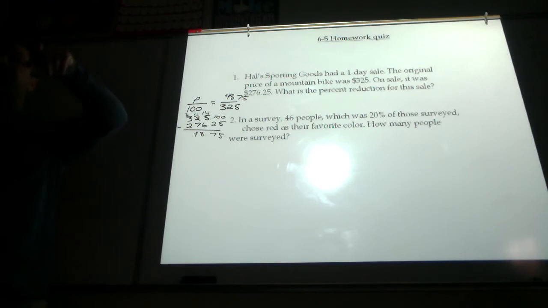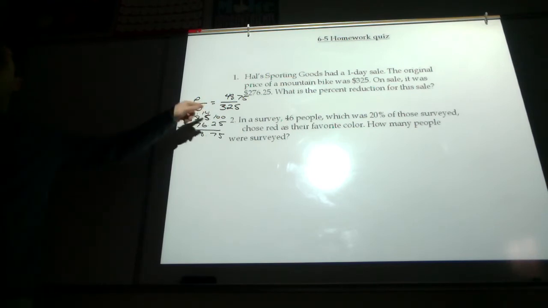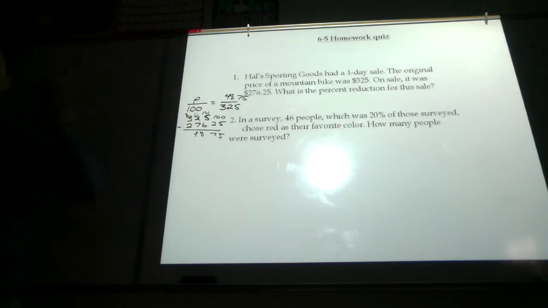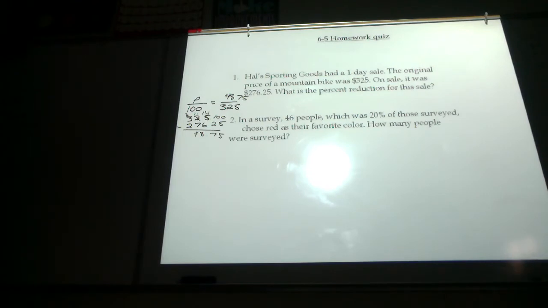Now what this is going to do right up here, if we do it this way, we're not going to find a decimal number. We're going to actually find the percent because we're going to use what we did in chapter 5. Whatever you do to the bottom, you have to do to the top. Or you can use your crisscross method. So I want you guys right now to punch this into your calculator. Let's get going, and I want to hear what the numbers are.